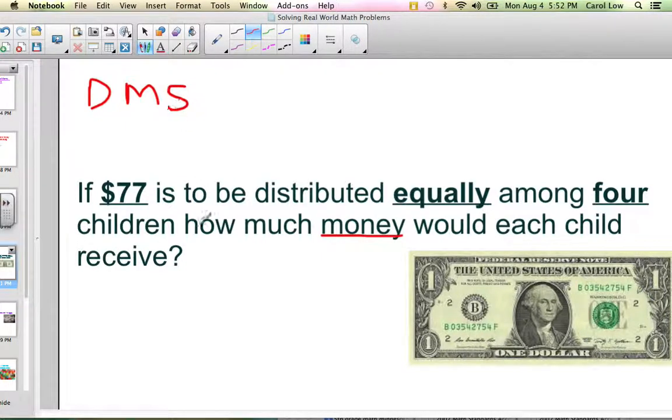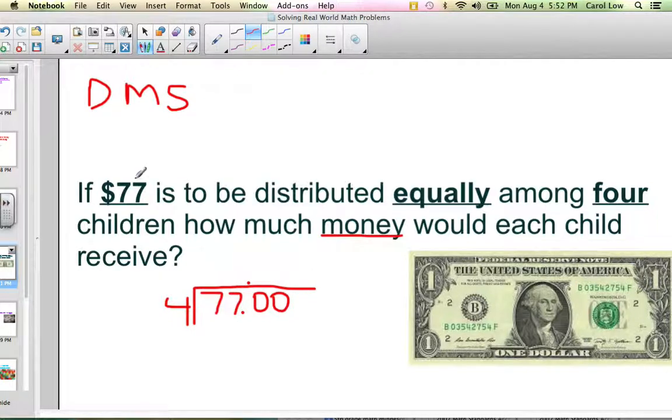So let's start off. We have 77, and it's dollars, so I'm going to put a decimal point and 0 cents, divided by 4. And I'm going to move that decimal point right up in the answer.